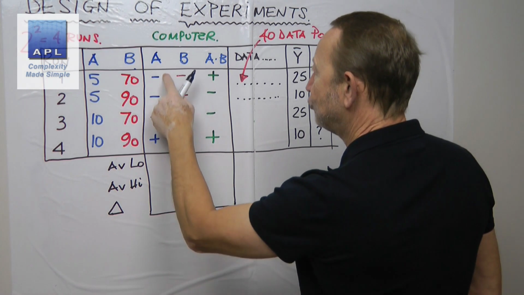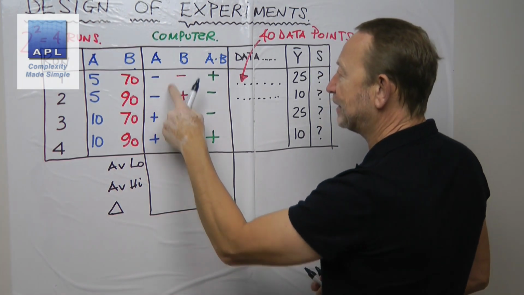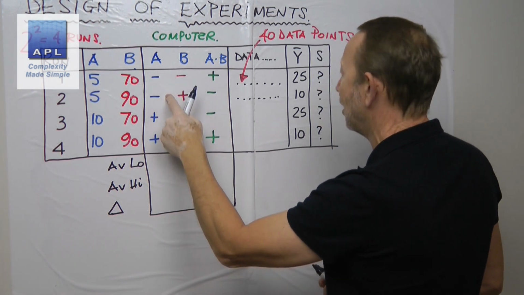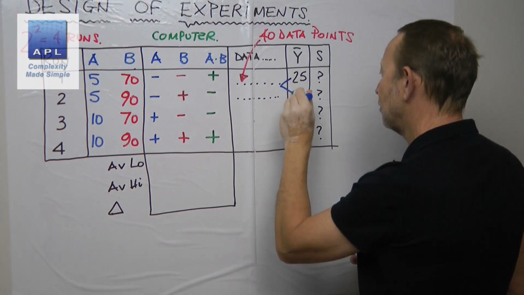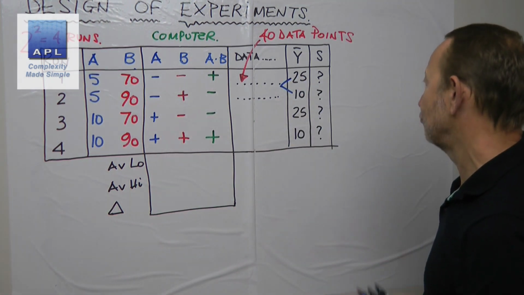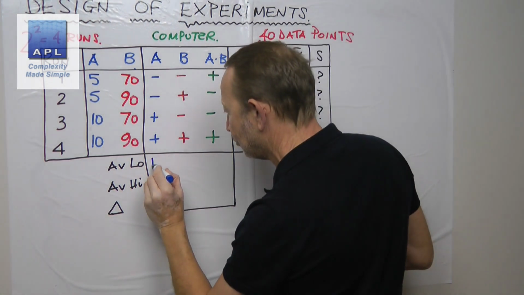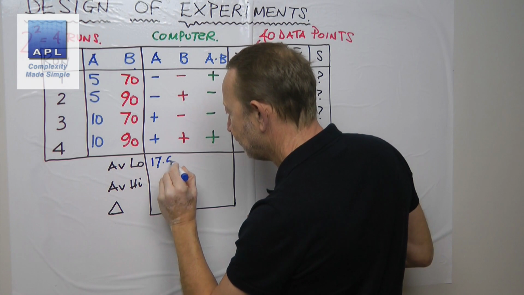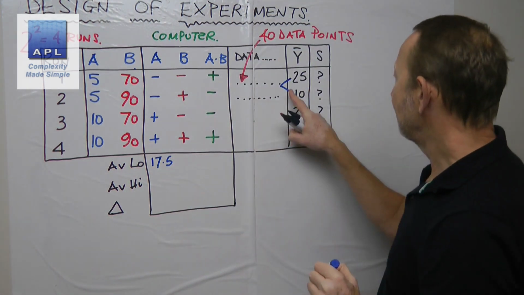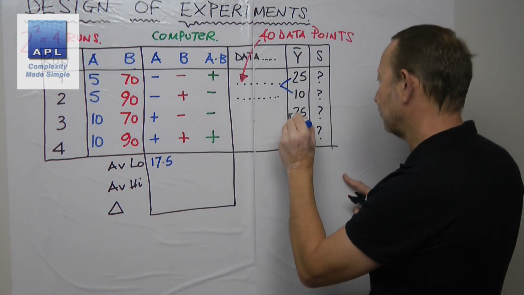What was the average when A was set low? A was set low at 1 and 2. What was the average of those 2 results? So what's that? 35 over 2, that goes to 17.5. First bit of analysis. Next question.